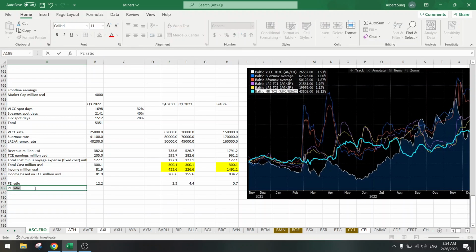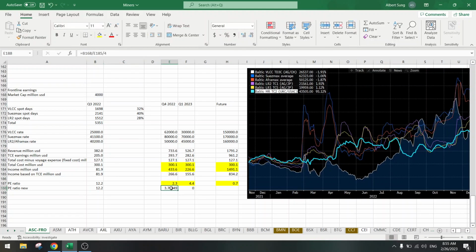So PE ratio new. So these are wrong numbers. And then this is this divided by this, divided by 4.